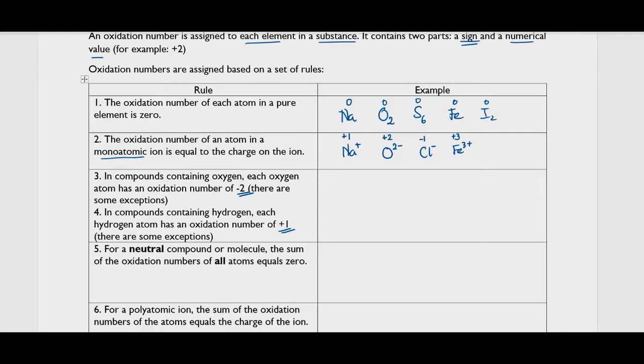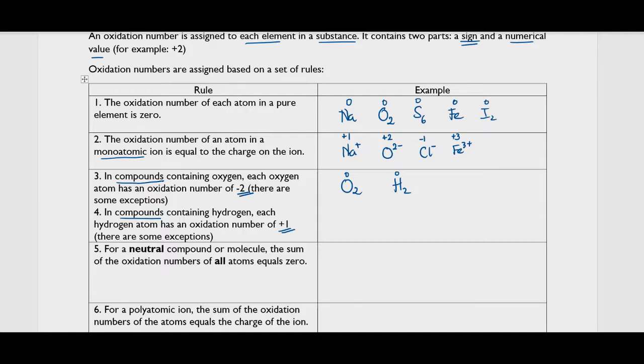So the first thing to keep in mind is that this only occurs in a compound that contains the element. If I have pure oxygen or pure hydrogen, the oxidation number of each atom would still be 0, according to rule number 1.